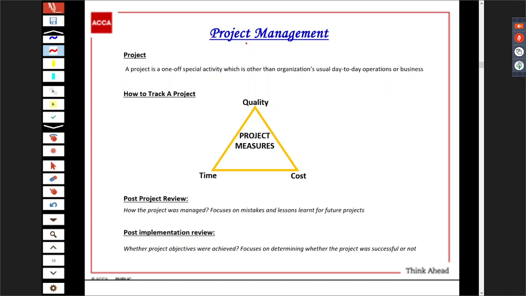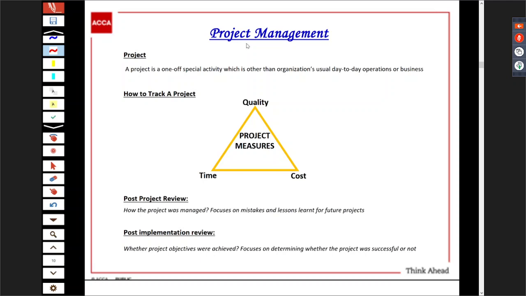If there is any project, the organization is supposed to do proper project management steps. Why? So that the project does not screw up, so that the company's resources, money, efforts are not wasted. So project management. You understand the concept?